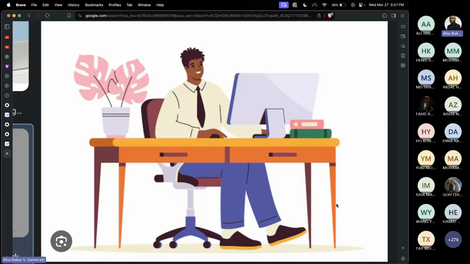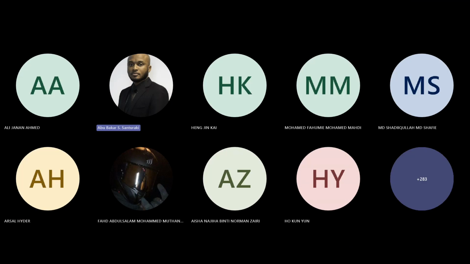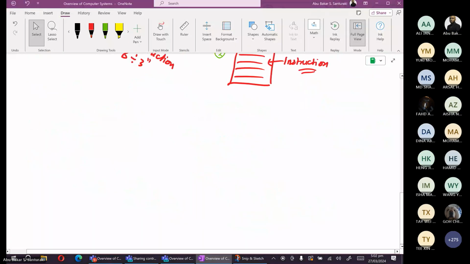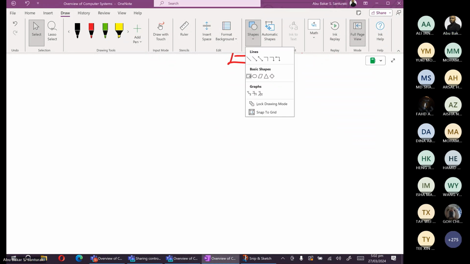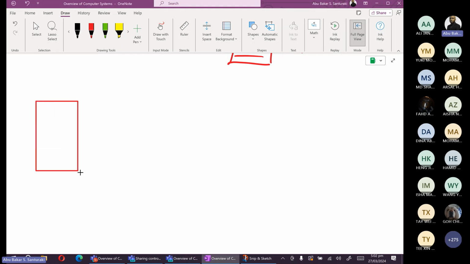To drive home this concept, I'm going to give you one example. I'm going to switch over to my whiteboard and we're going to draw a diagram. So let's go to the OneNote and draw a very important diagram. Here I'm going to draw a diagram representing a full-fledged computer. This box is going to represent my hard drive, my hard disk drive.